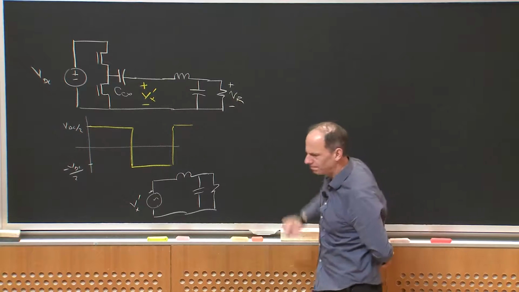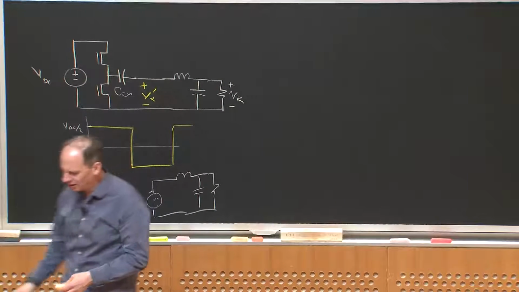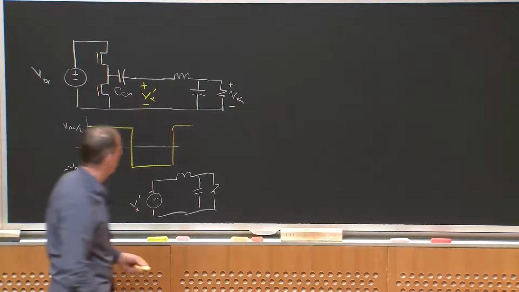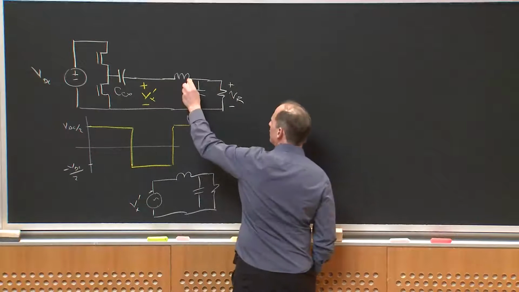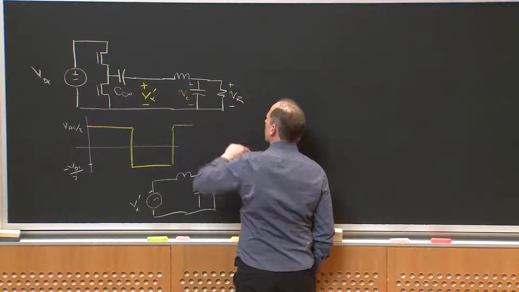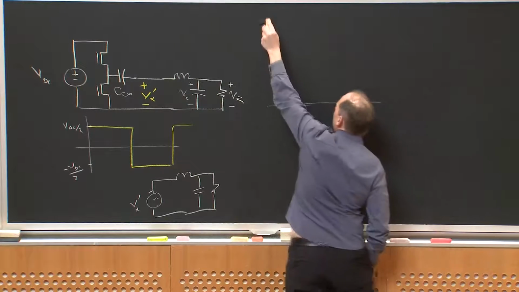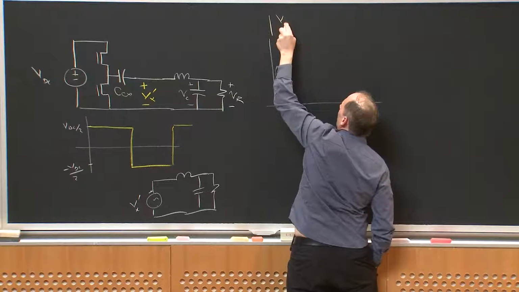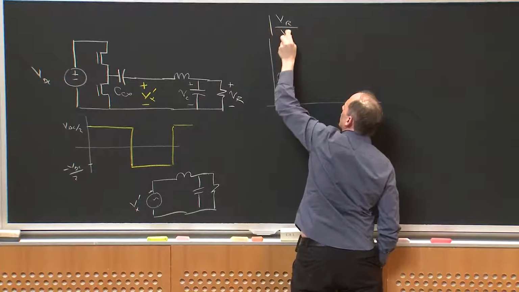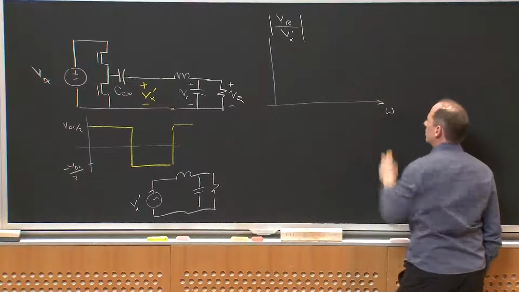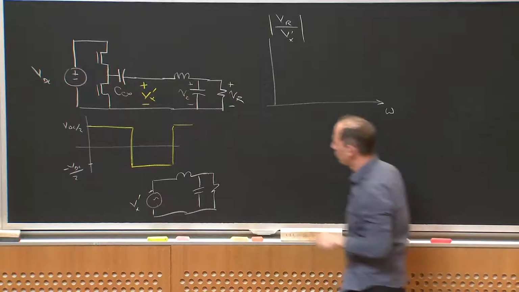And how might I think about the behavior of this? Well, maybe I could plot, VC and VR are the same thing, right? So maybe I could plot the magnitude of V sub R over Vx prime versus frequency for this network.